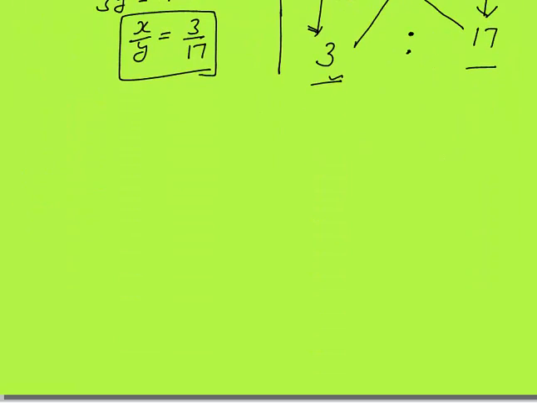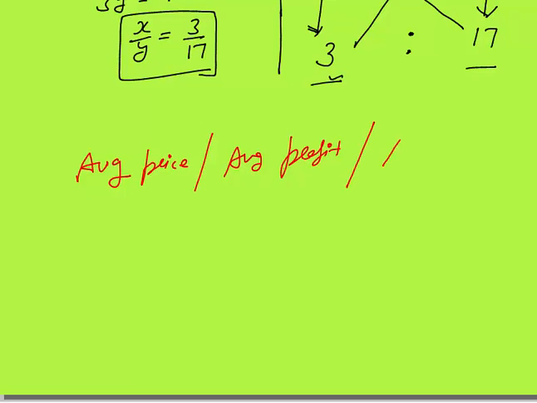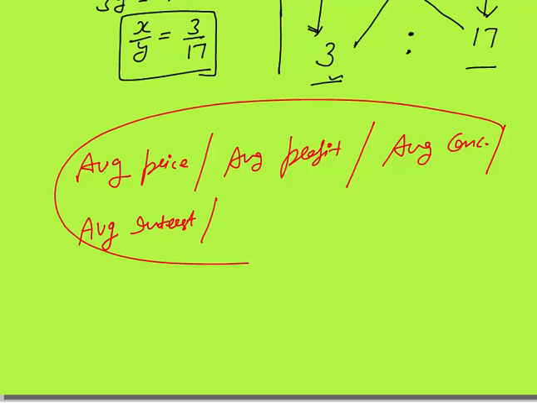I am just writing here. Wherever average price, average profit, average concentration, average interest is given of two things, etc. There are so many options.